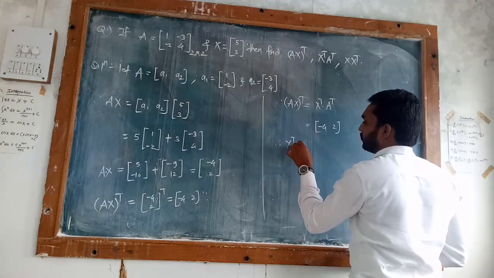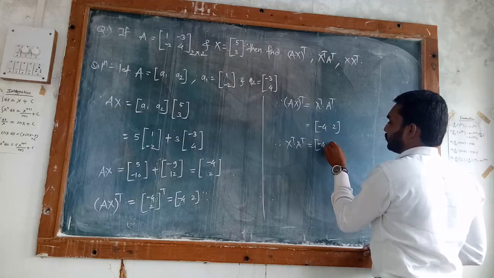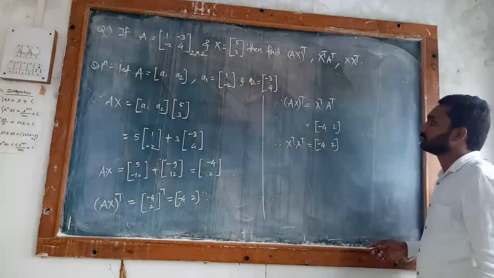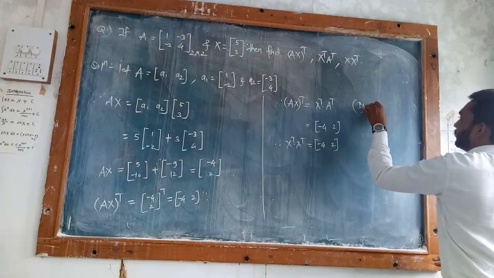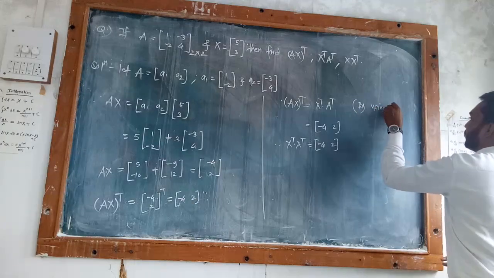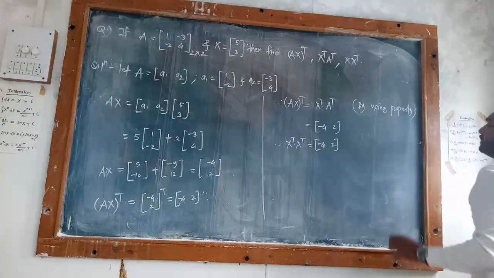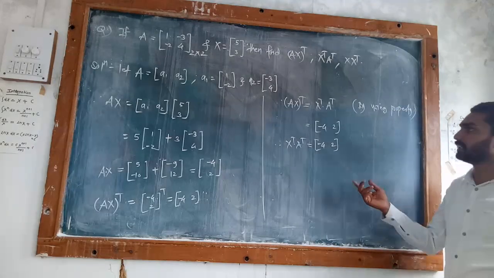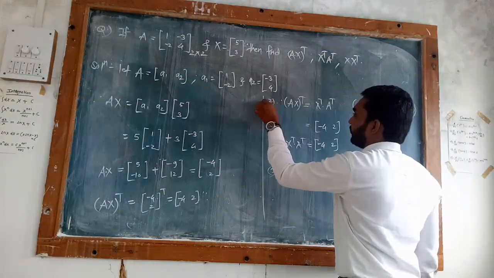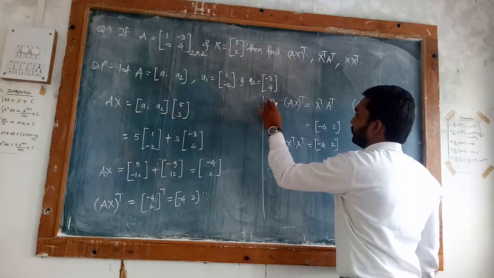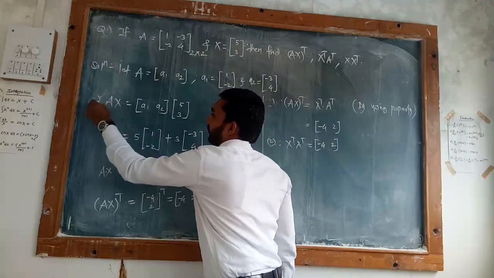So x transpose into A transpose becomes minus 4, 2, right? By using the property of transpose of the matrix. This is your second one value, and this is your first one, right?